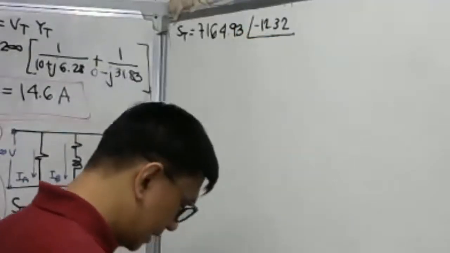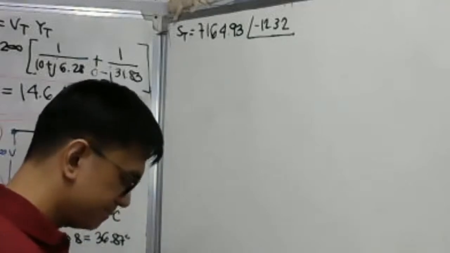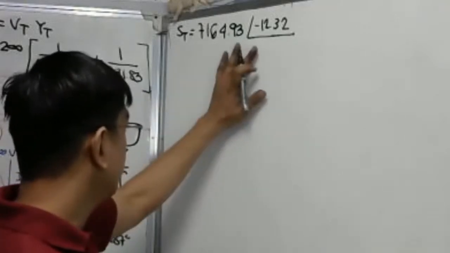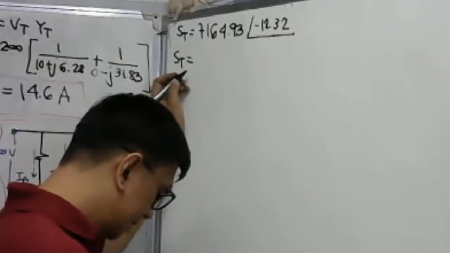So that is the S total. We can convert this to rectangular form.